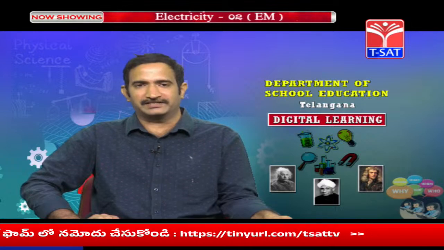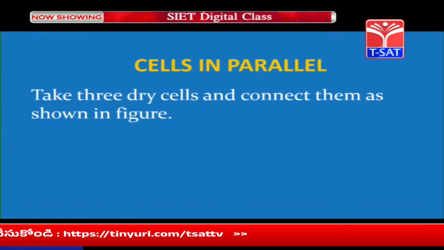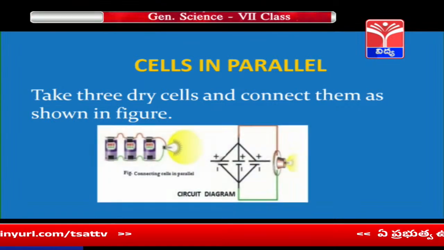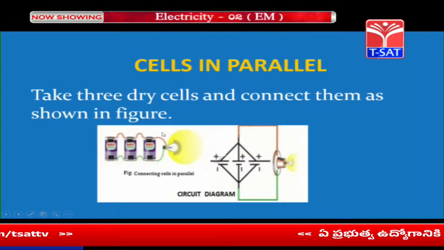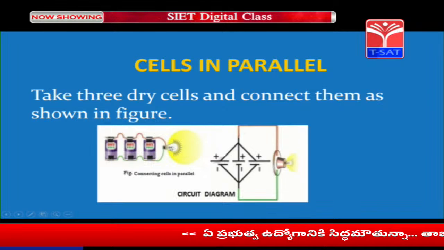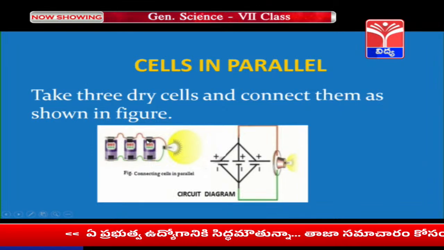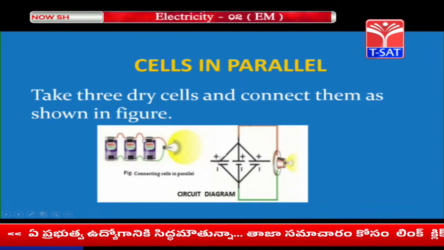Now let us discuss cells in parallel. Take 3 dry cells and connect them as shown in the figure. Now here we are taking 3 cells. We are keeping all positive terminals on the top, 1, 2, 3. These 3 positive terminals are connected with the help of one wire.